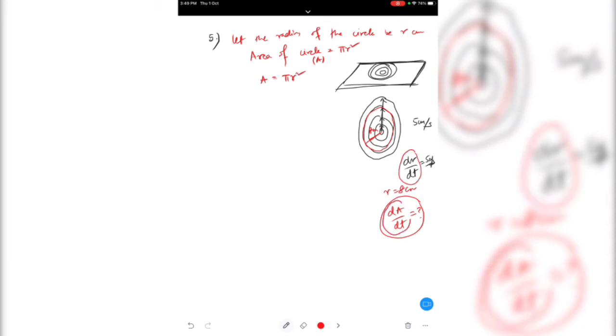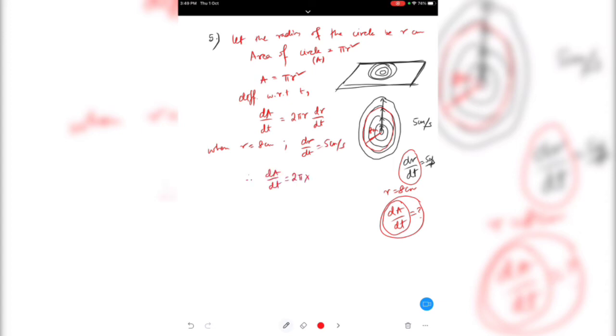I have dr/dt. I have to find dA/dt. Obviously I need to differentiate with respect to time. So differentiating with respect to time, what I get? dA/dt is equal to 2 pi r dr/dt. That's it. And we know all the values of these things. So when r is equal to 8 centimeter, dr/dt is equal to 5 centimeter per second, therefore dA/dt is equal to 2 pi into 8 into 5, that is equal to how much?